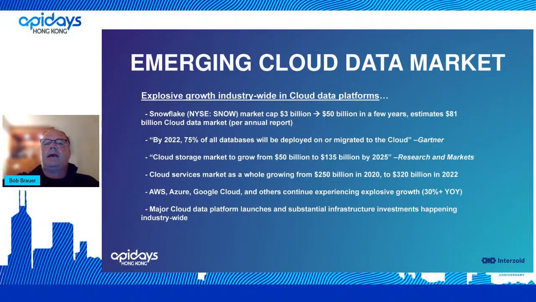So the cloud market really started to emerge. And Snowflake is kind of the poster child, since they came out of nowhere to become a leader in the cloud database space. But of course, Amazon already had cloud database offerings, and Microsoft and Google were right behind them. Snowflake IPO'd and went from unicorn status to a $50 billion market cap.